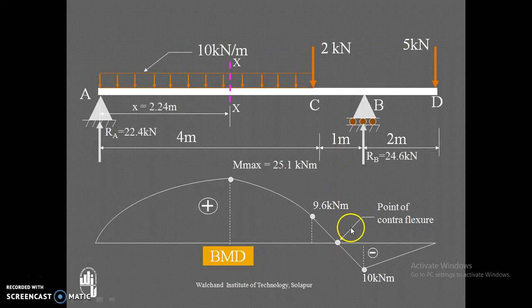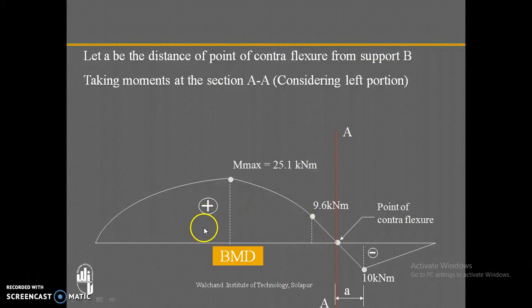Now this point of contraflexure we have to determine. Let A be the distance of the point of contraflexure from support B. Here it is the support B. Now taking moments at the section AA, considering the left portion, this AA section is taken.